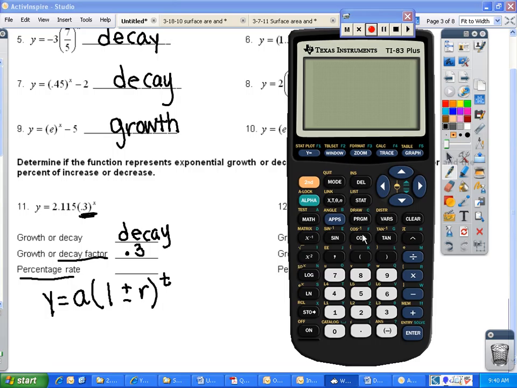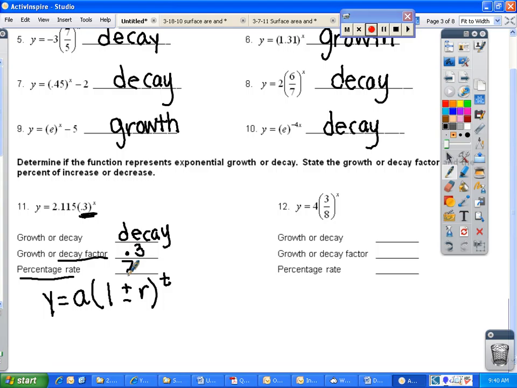So if you go to your calculator and ask what do I do with 1 to get 0.3? If you do 1 minus 0.3, you will find that you are subtracting 0.7, and if I want the percent, I multiply it by 100, and 0.7 is actually 70%.